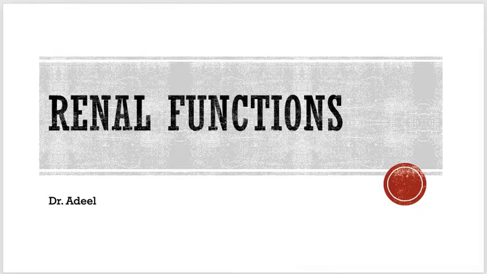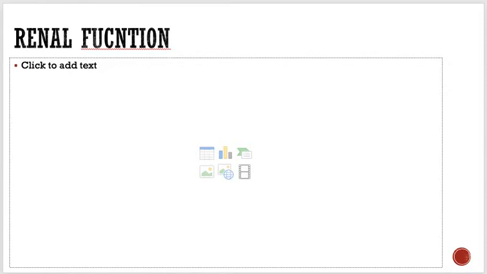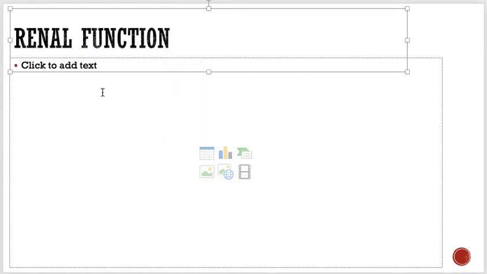Now, why are the renal functions important? Because we do them to see how the kidney is functioning, and to see if there is any abnormality in the normal physiology.